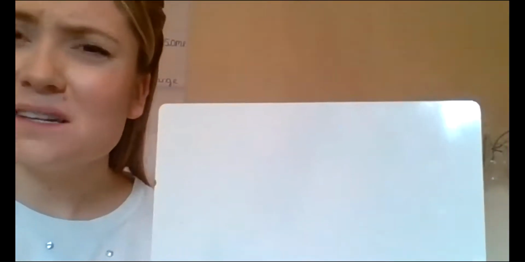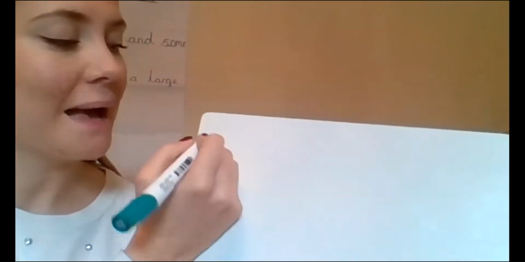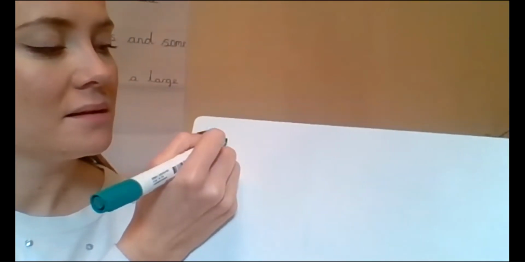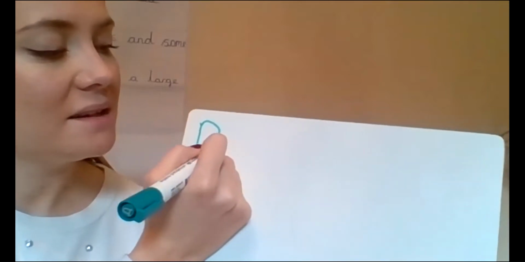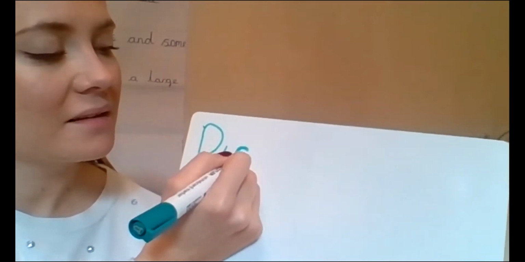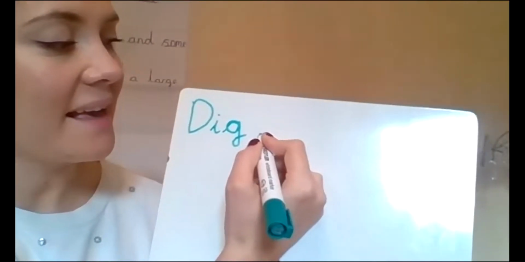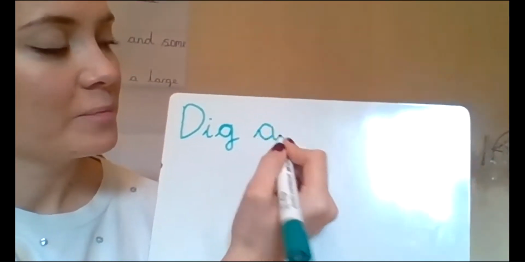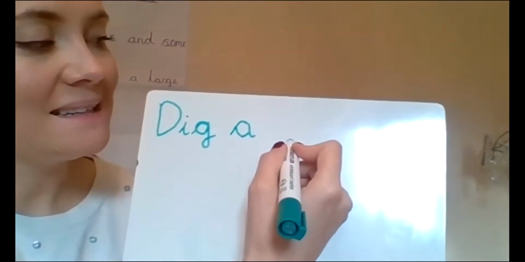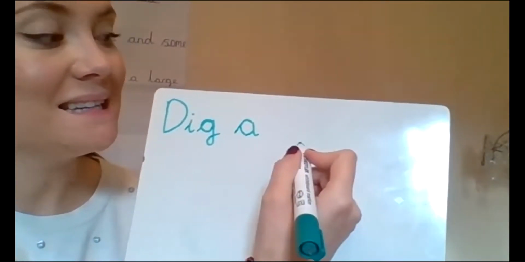And because it's the start of our sentence, what do we need? That's right, we need a capital letter. Dig. D, I, g. Dig a. Dig a deep.